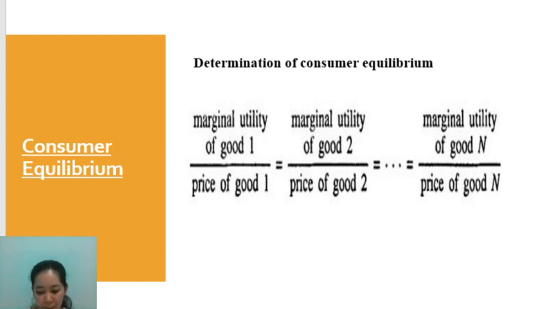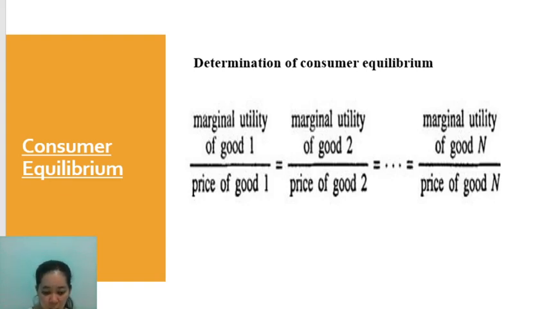The consumer will purchase quantities of goods number 1 and 2 so as to completely exhaust the budget for such purchases, because in this case the consumer has already set aside the amount of income that he is going to use to purchase those goods. So the actual quantities purchased for each good are determined by this formula in determining the consumer equilibrium.